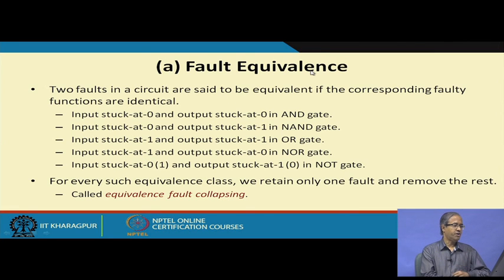Let us see fault equivalence first. The definition is very simple. Two faults in a circuit are said to be equivalent if the corresponding faulty functions are identical. Like the first example says, input stuck at 1 and output stuck at 0 in an AND gate. Let us try to explain.